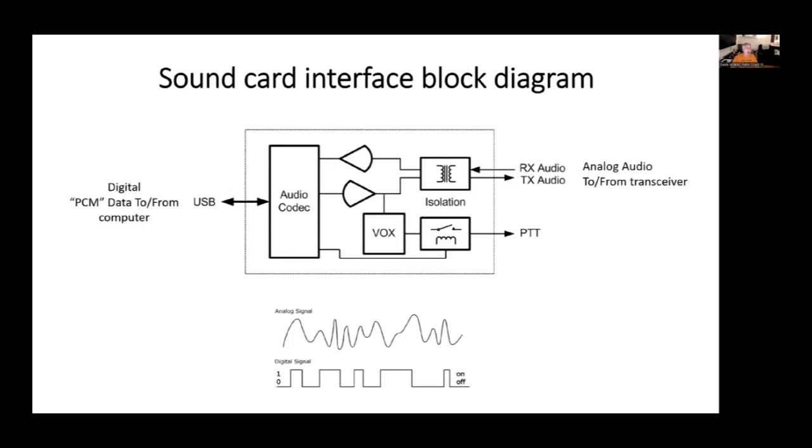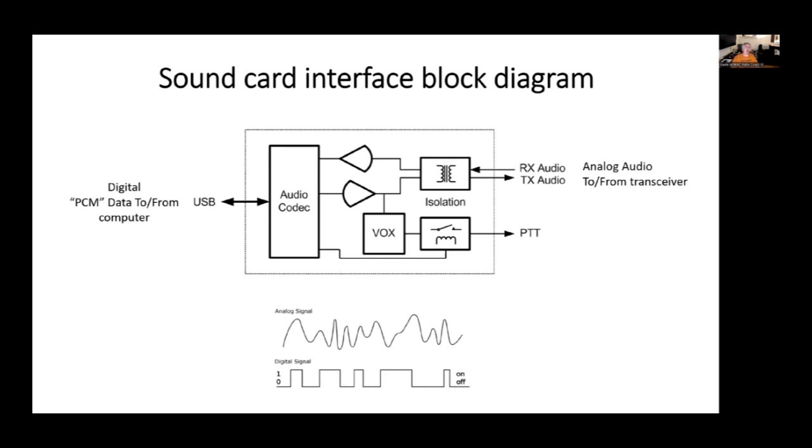Here's a block diagram that basically shows what this thing does. It takes data from the computer and goes through a bunch of different blocks that change the analog signal into a digital signal. Digital communications from the standpoint of the radio is kind of a misnomer, because we're not really producing a digital waveform like what you may see with a DMR radio, where you're actually transmitting a digital waveform to another radio.